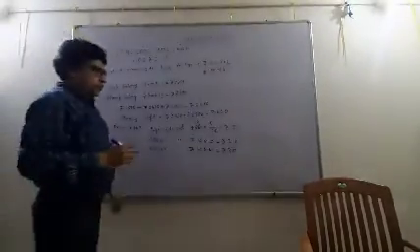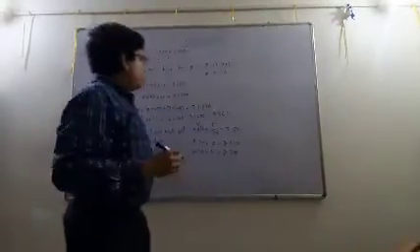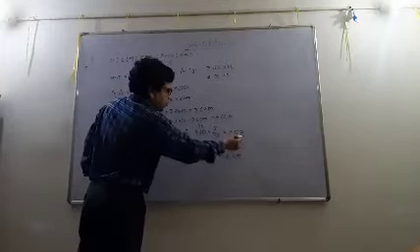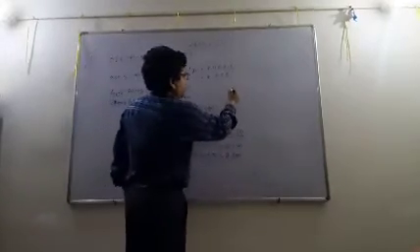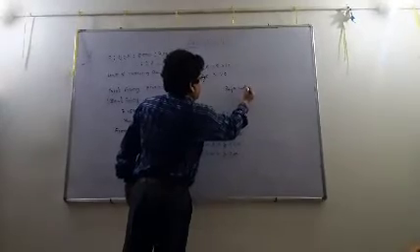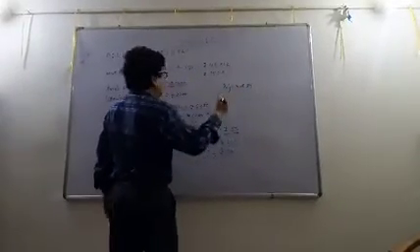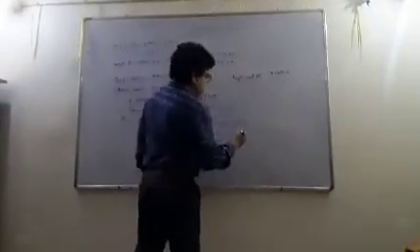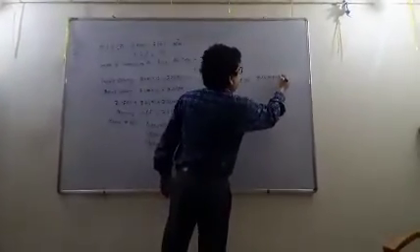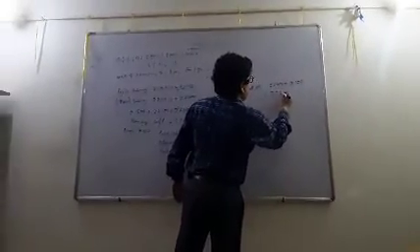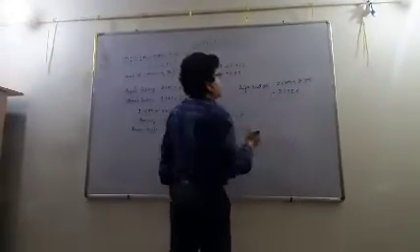So Pooja will get the sum of these two, rupees 2400 and rupees 150. So totally Pooja will get rupees 2400 plus rupees 150, that means rupees 2550.